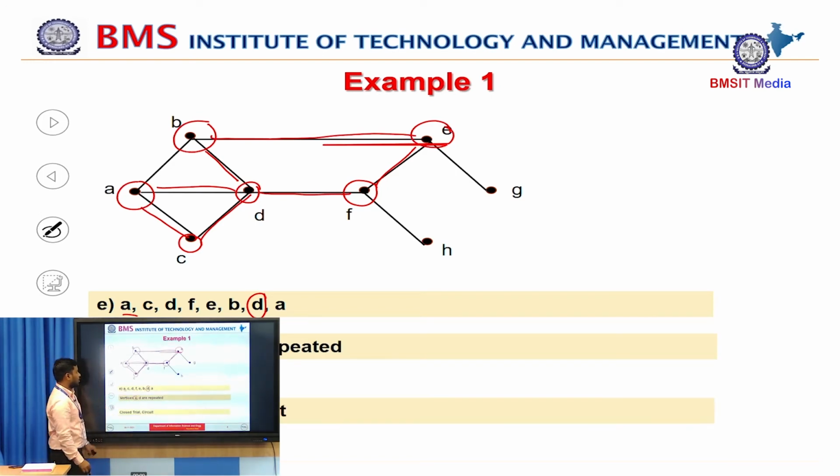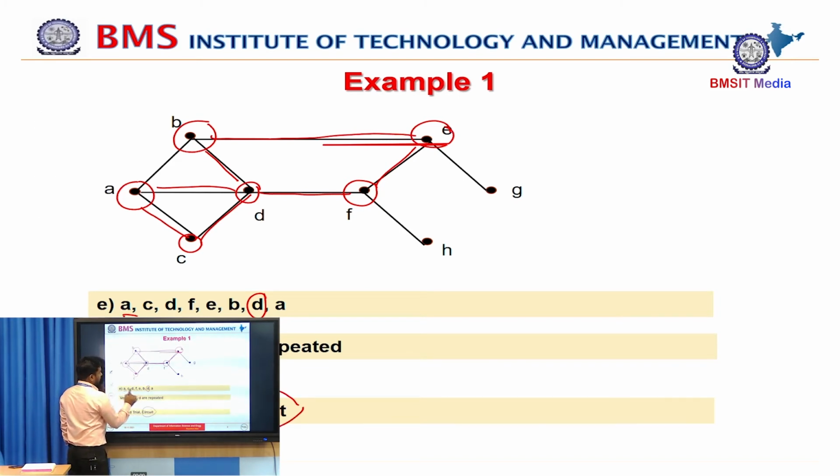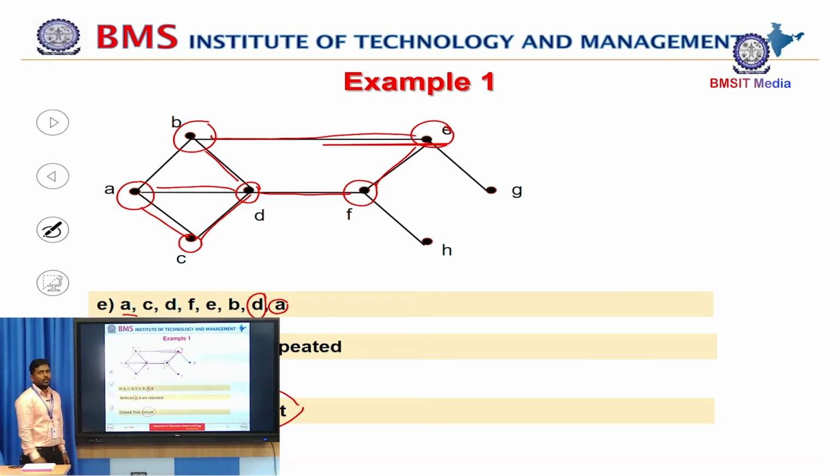So, obviously this cannot be a cycle because vertices are repeated. So, it has to be a circuit, because we are starting with the same vertex and reaching the same vertex without repeating any edge. Such a walk we can call a circuit.